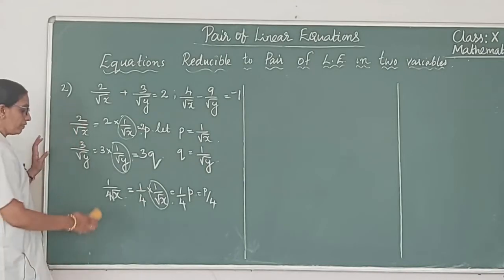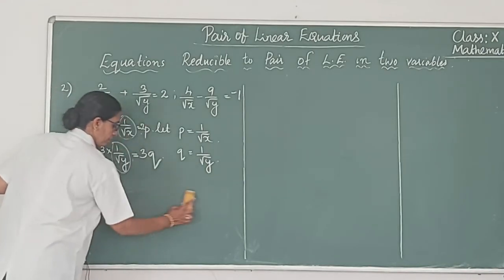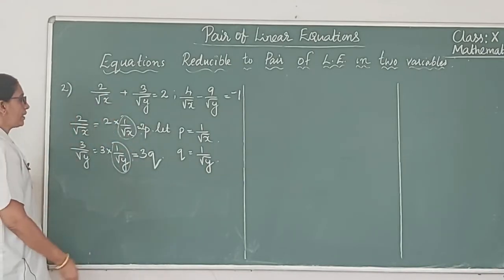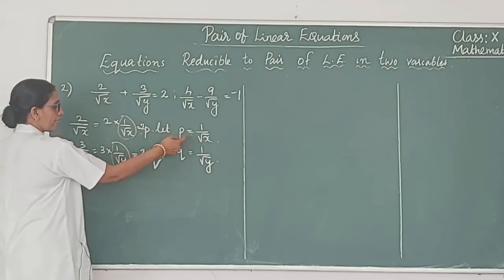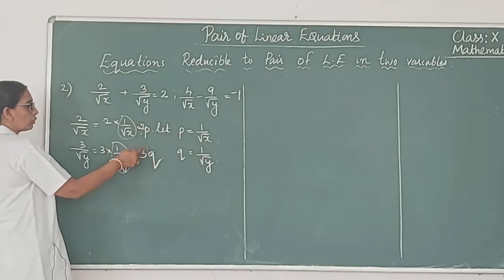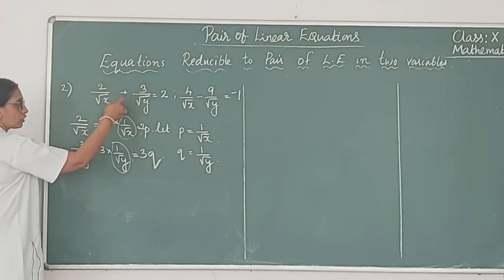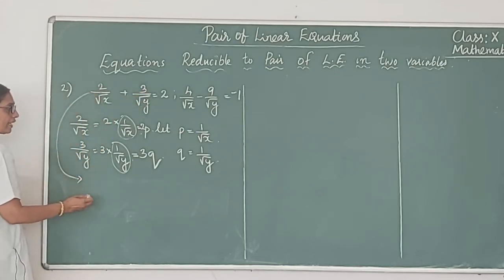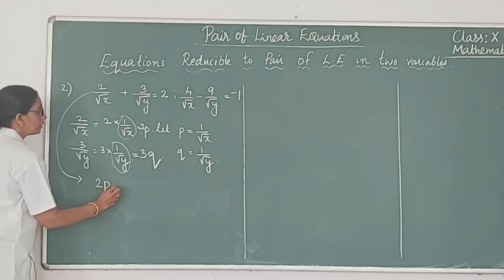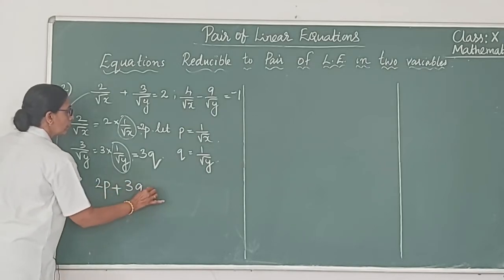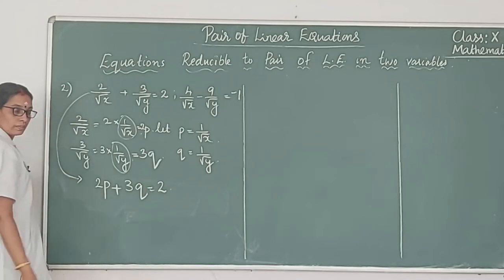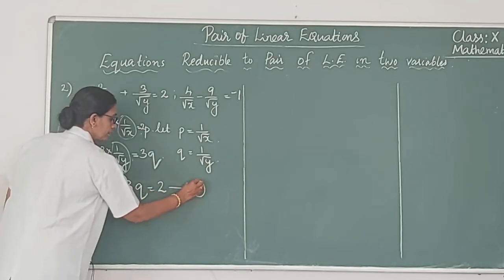Now let's come to our question. So we have taken 1 by root x as p and 1 by root y as q, and we change the terms as 2p plus 3q. So this equation can be written as 2p plus 3q equal to 2, equation 1.